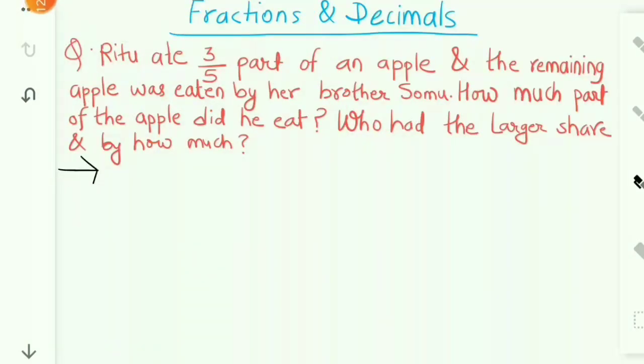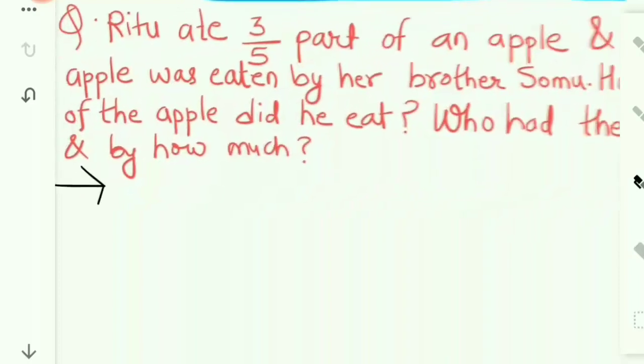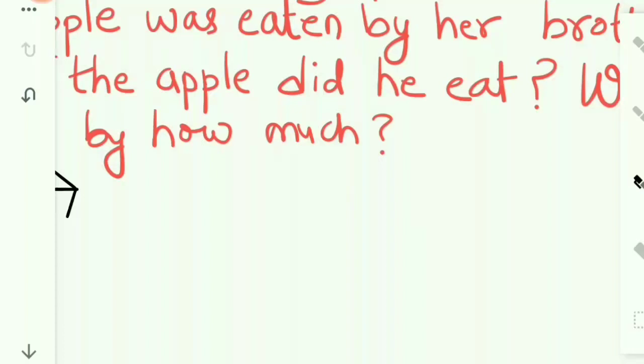Next question is, Ritu ate 3/5 part of an apple and the remaining apple was eaten by her brother. How much part of the apple did he eat and who had the larger share and by how much? Now to calculate this, we first take 1 apple equal to 1. So 1 minus 3/5.